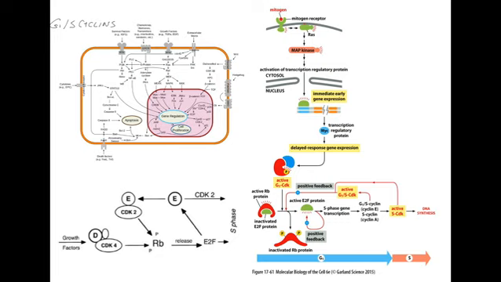So your book has a longer description beginning with growth factor, or mitogen, the same thing in this case, leading to MAP kinase, leading to the production of active MYC, which then turns on the genes for active cyclin CDK.